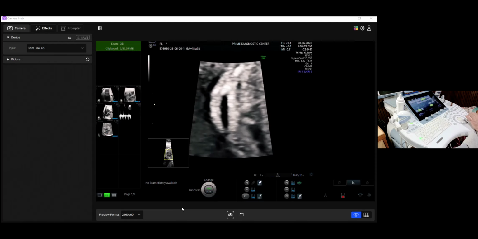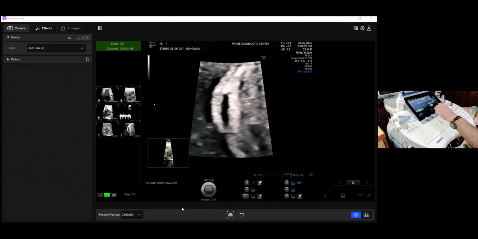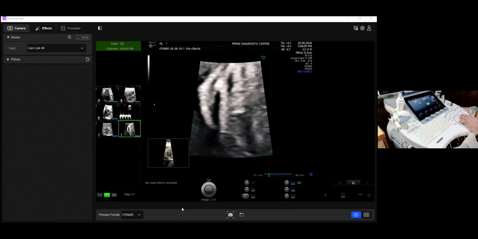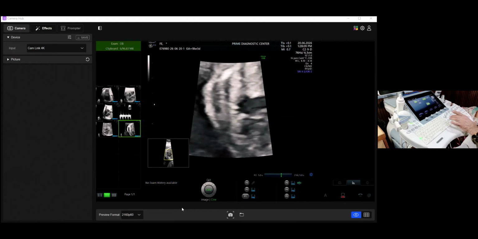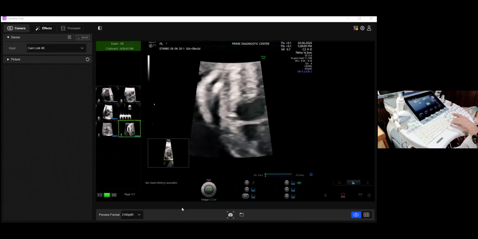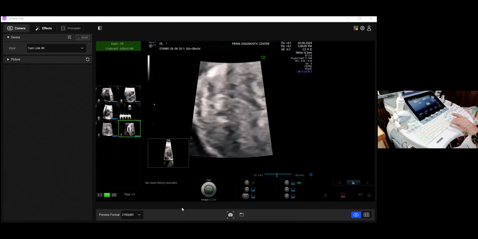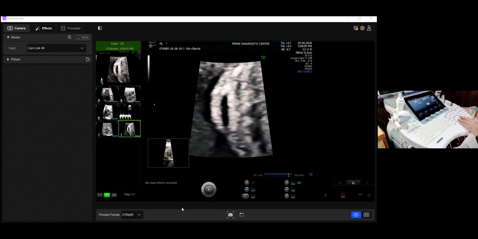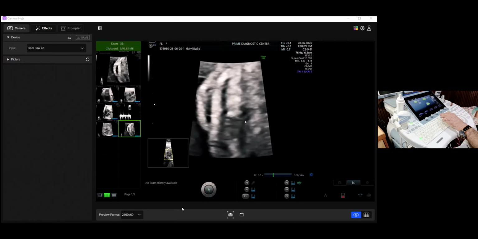Okay. So now I save this image and go to this view. This is the right ventricle wall in an extra zoomed view. And this is the tricuspid annulus. So I want to see the TAPSE.